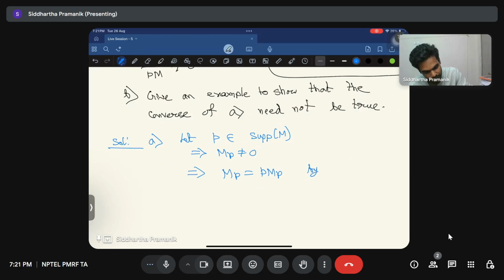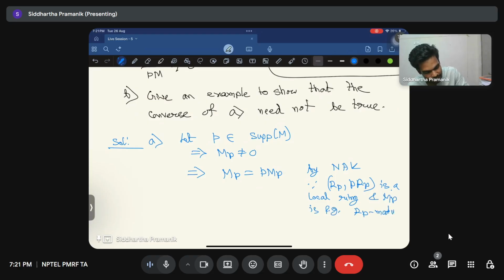This is by Nakayama's lemma, because R_P mod PR_P is a local ring and M_P is a finitely generated R_P module.